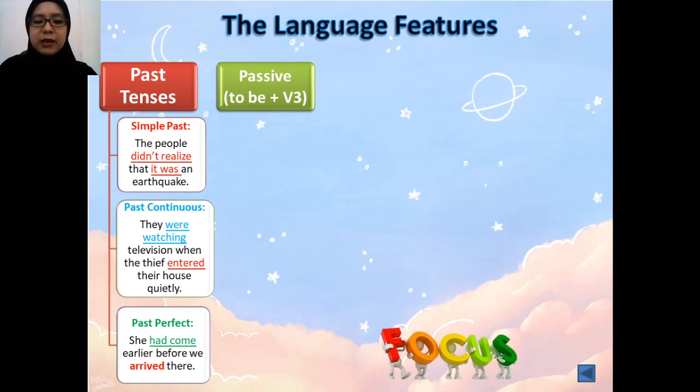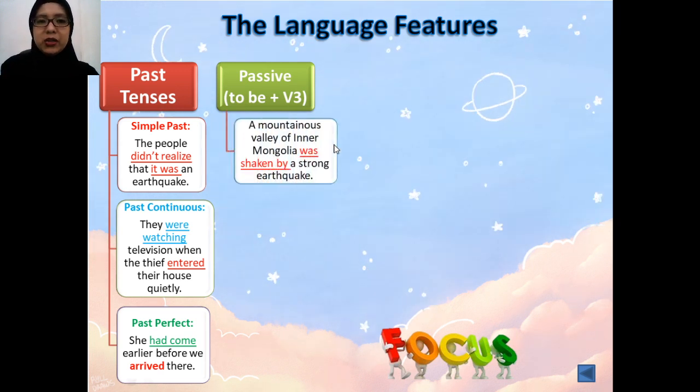Nah, itu kalimat pasif. To be-nya bentuk lampaunya adalah was atau were. Oke, contohnya seperti ini. A mountainous valley of Inner Mongolia was shaken by a strong earthquake. Was shaken, terguncang. Boleh terguncang, boleh diguncang. Kalau diterjemahkan akan seperti itu.